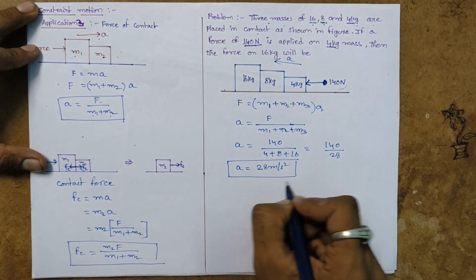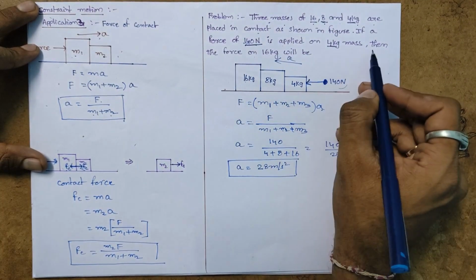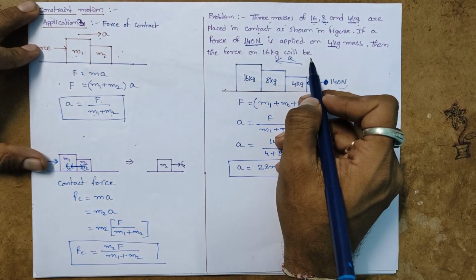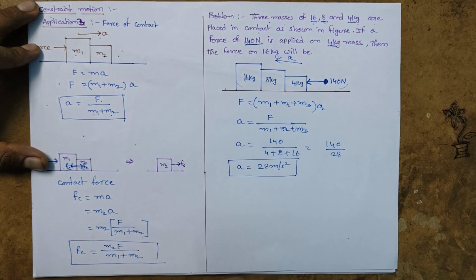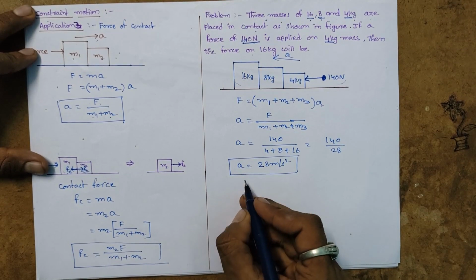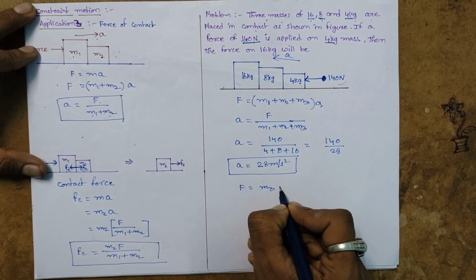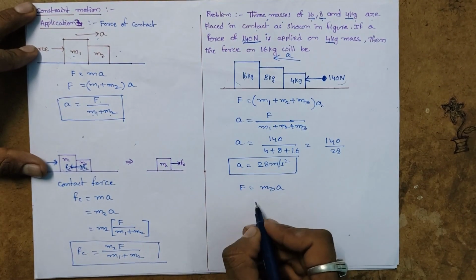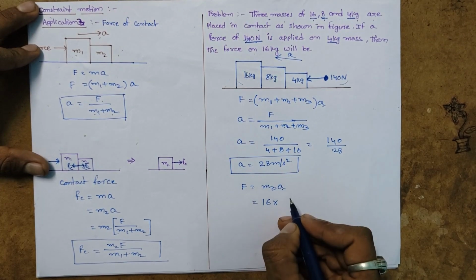After getting this acceleration, what are they asking here? The force on the 16 kg mass. So how much force is acting on the 16 kg mass? Again we will use Newton's second law. What is Newton's second law? F is equal to m3 into a. m3 means 16 kg. So the m3 value is 16 into acceleration.